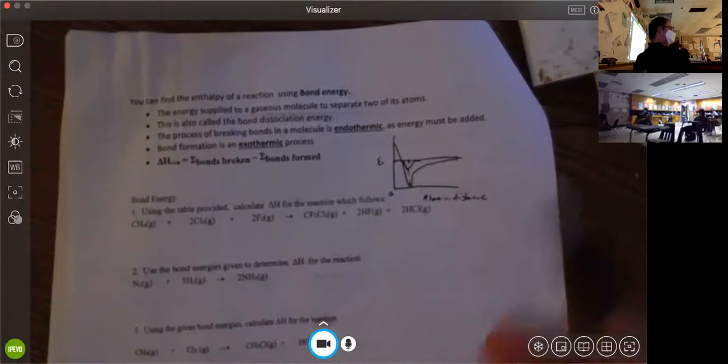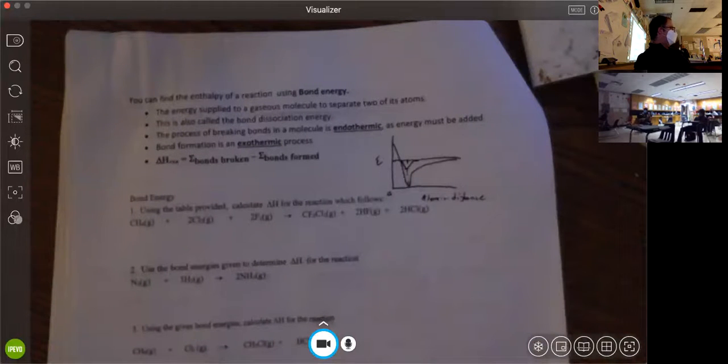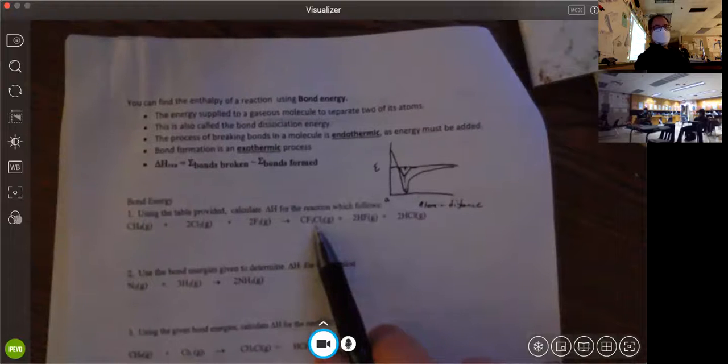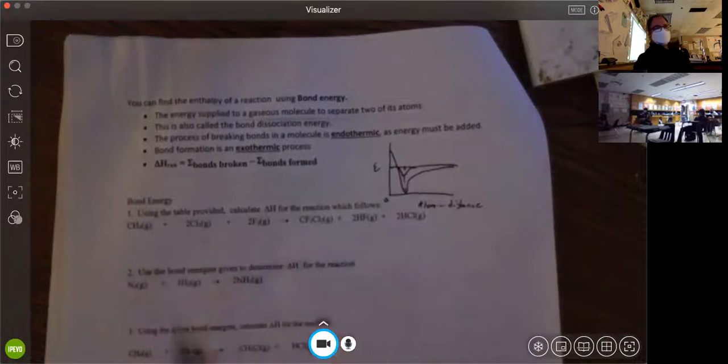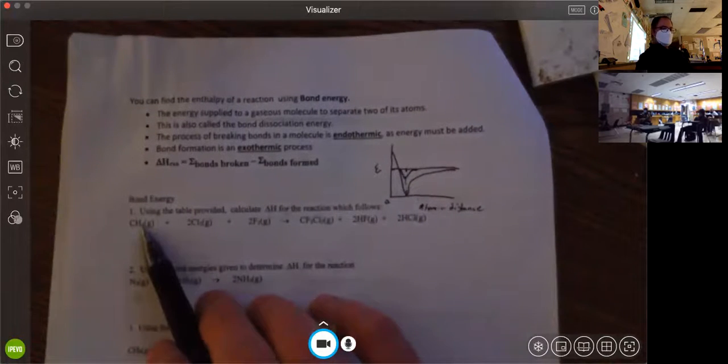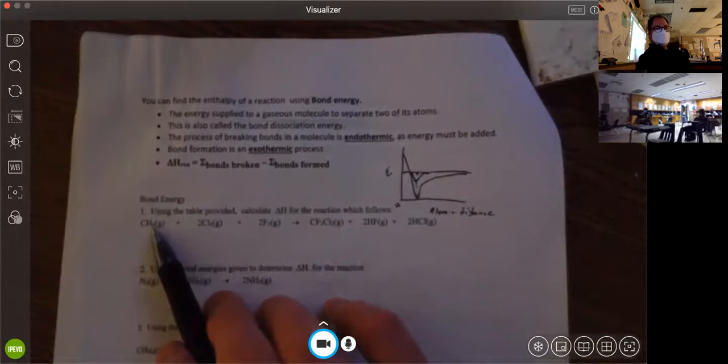The concept itself is a lot harder than any of the work you have to do to find the enthalpy, just like anything else. Basically, you have to be able to sit here and go, okay, these guys are the products, these guys are the reactants. So what are the bonds that we're breaking? Well, it's the bonds in this methane that we're breaking.